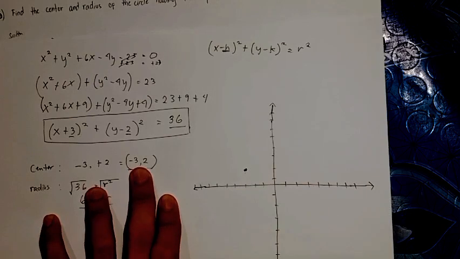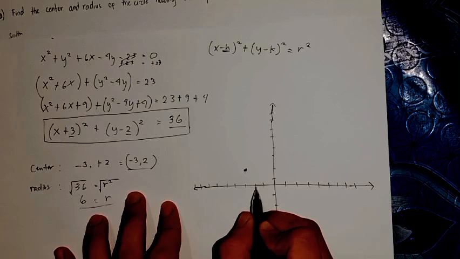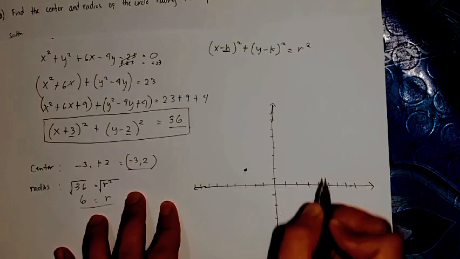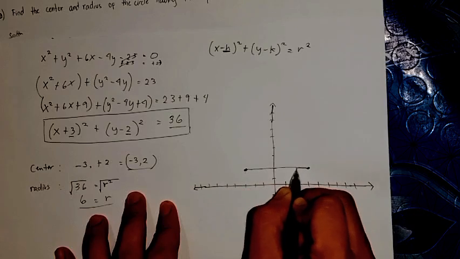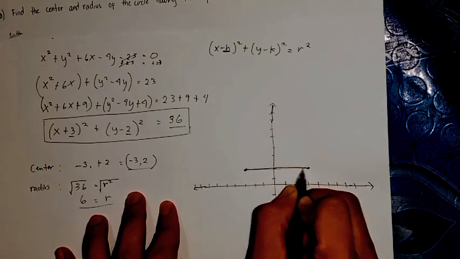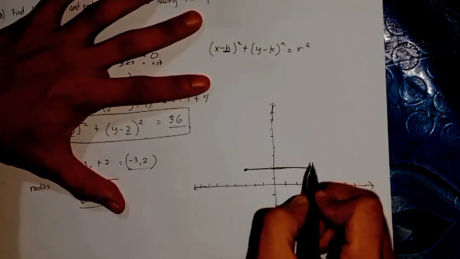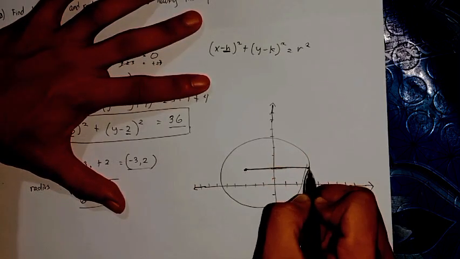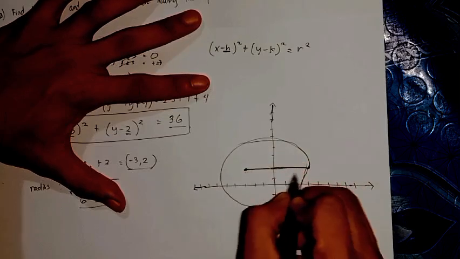Now our radius is 6, so 1, 2, 3, 4, 5, 6. This is our radius. Now the circle looks like this. This is the center and this is the radius.